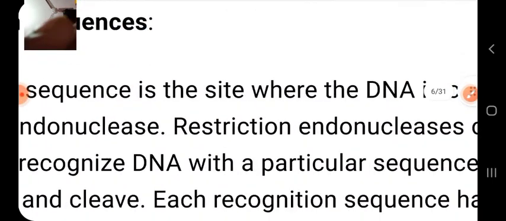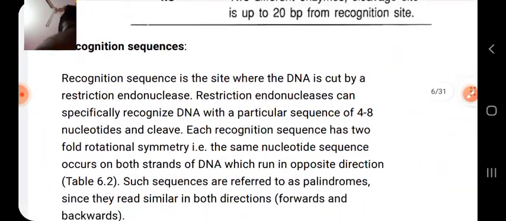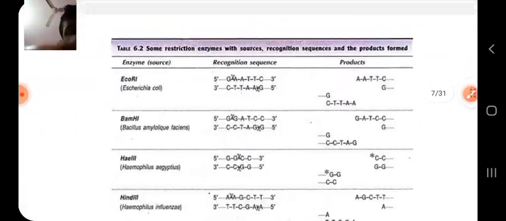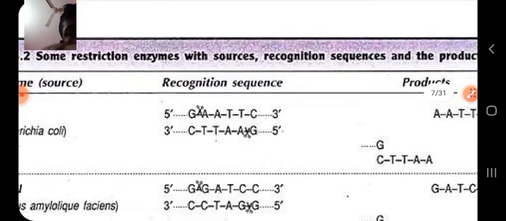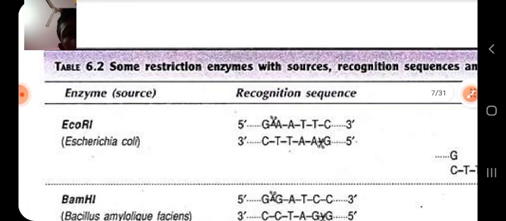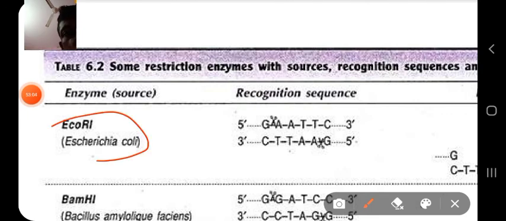Okay, various types of restriction enzymes are being given here. Let us see. Okay, I think you can see, like EcoR1. EcoR1 I have already discussed. It is taken from E. coli.